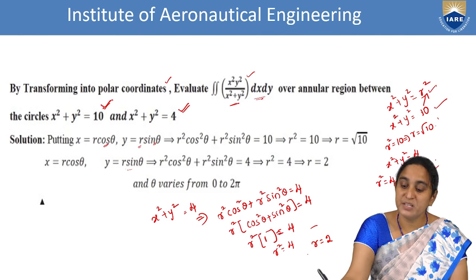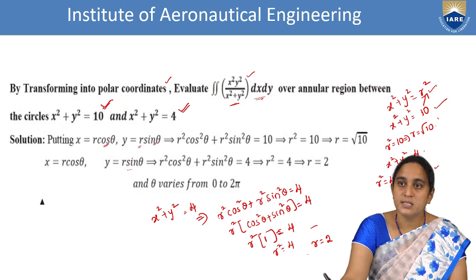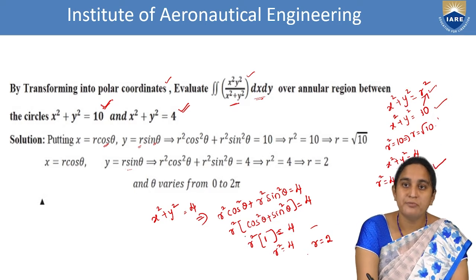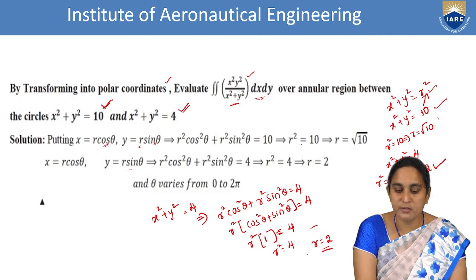Once you observe, from the standard form of the circle equation also, we got directly r is equal to 2. After converting into parametric equations from the polar form, we got r is equal to how much? 2. Okay, therefore now we can convert each and every term in terms of r. Here x is equal to r cos theta and y is equal to r sin theta. From the first circle we got r is equal to root 10, and from the second circle r is equal to 2.